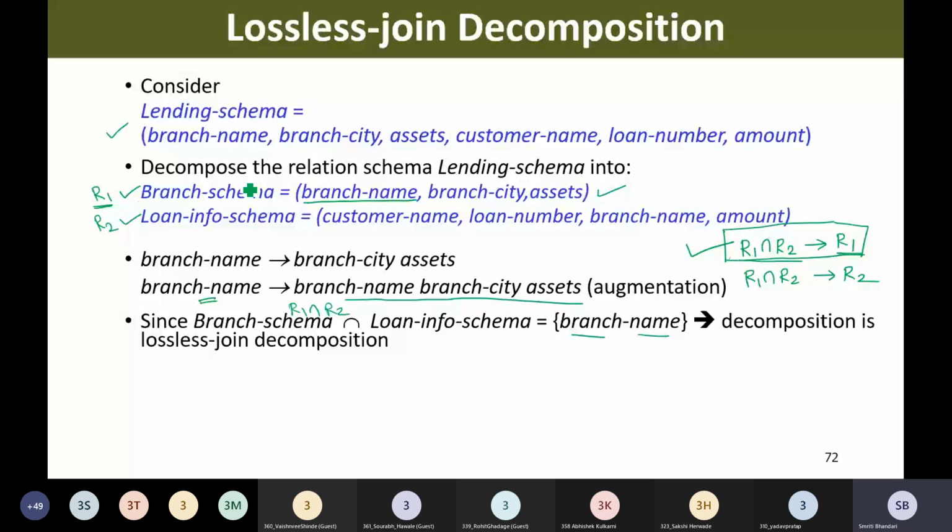If I have an original relation schema capital R and the relation small r, and this relation gets decomposed into R1 and R2, and I have the relation instance r1 with respect to schema R1 and the relation instance r2 with respect to schema R2, and I find the natural join of r1 and r2, I should get the original relation r without loss.